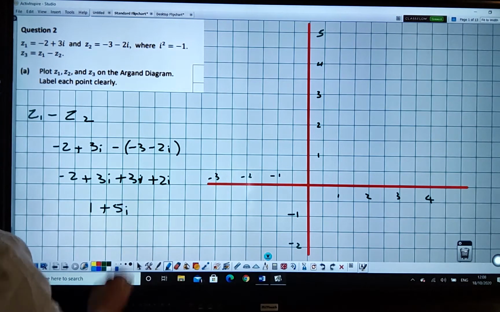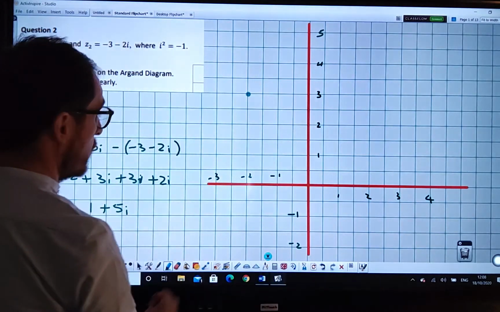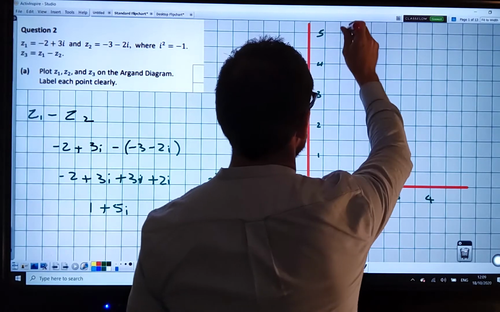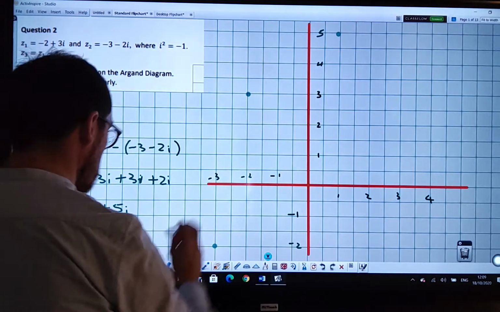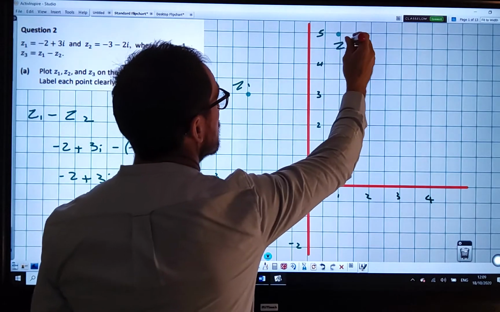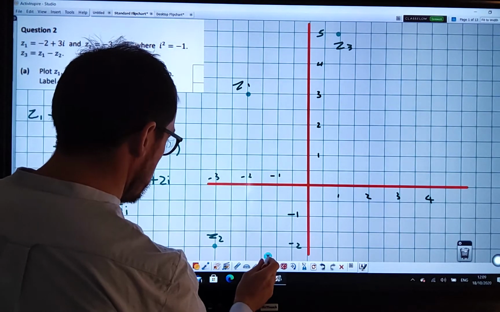Okay, so again we had minus 2 plus 3i, minus 3 minus 2i, and then the last one was 1 plus 5i. And hence you label them Z1, Z2, Z3. So that was that question there. It's fairly straightforward. Okay, we'll move down there.